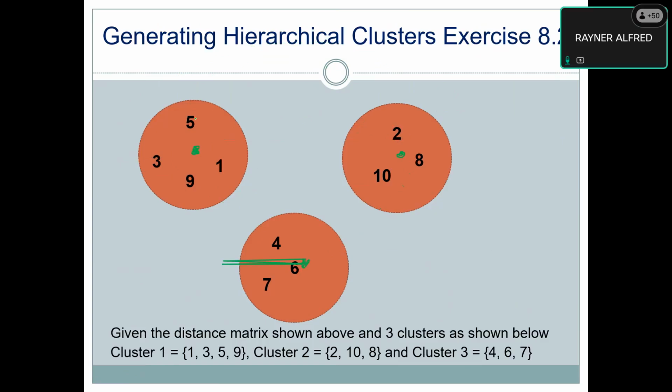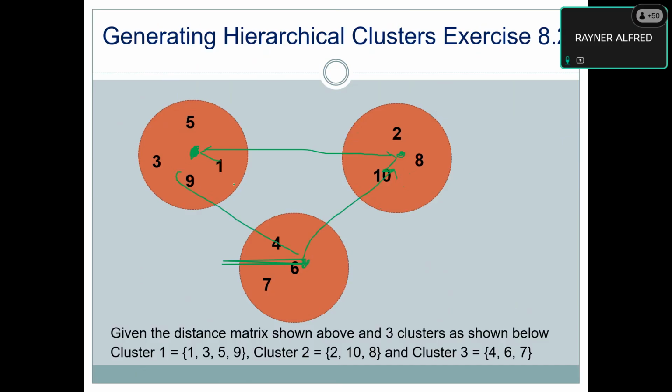Since we have 4 documents here, and of course we have the term document matrix, we can find the center by taking the average of all the vector values for all the documents in that particular cluster. So this one is easy. Once we get the center, we can find the distance using the Euclidean distance. So this is based on centroid. We get the center of the cluster by taking the average of all the members in that cluster, and then we use Euclidean distance to compute the distance.